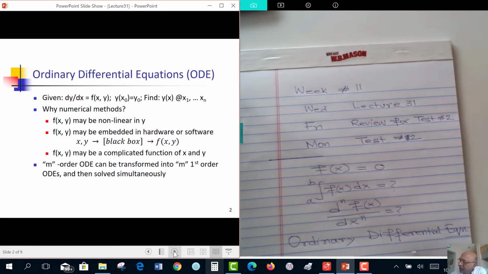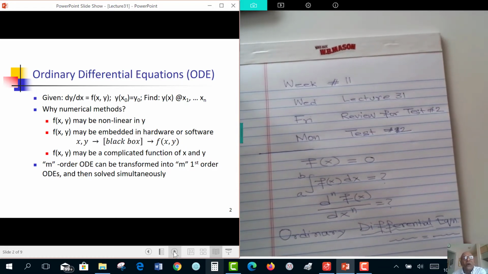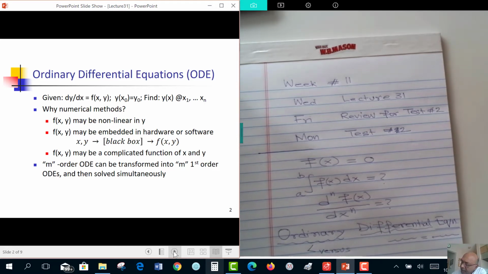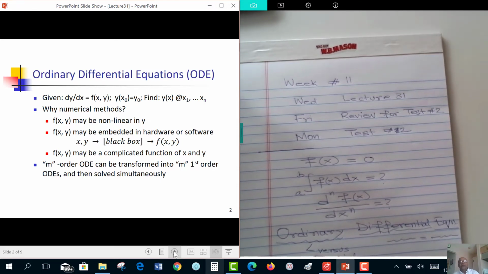So obviously equation means something is equal to something. Differential means this equation involves derivatives of some kind. And let's see, what do we mean by ordinary? Ordinary versus what? Ordinary versus partial. So there are ordinary differential equations and there are partial differential equations.